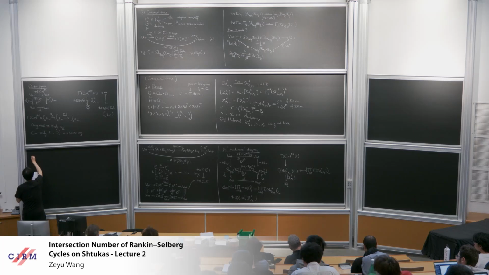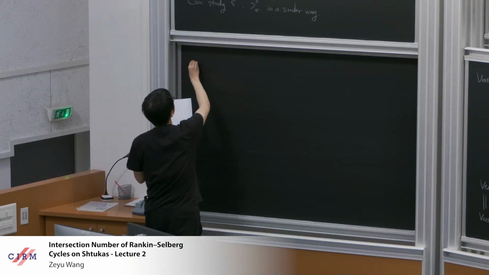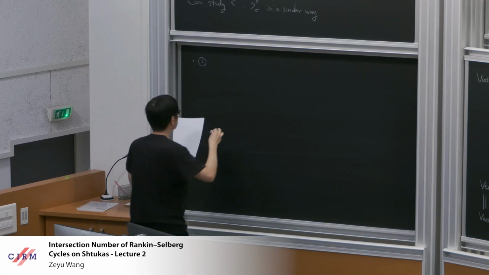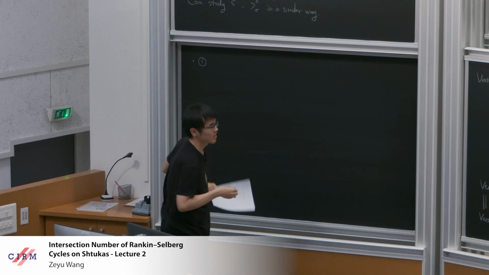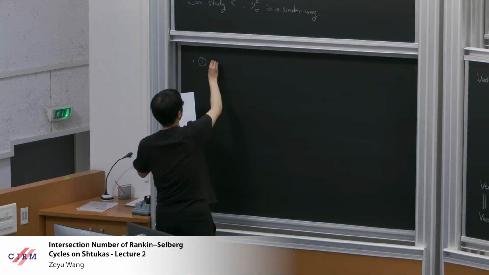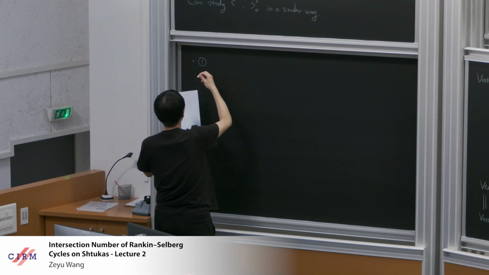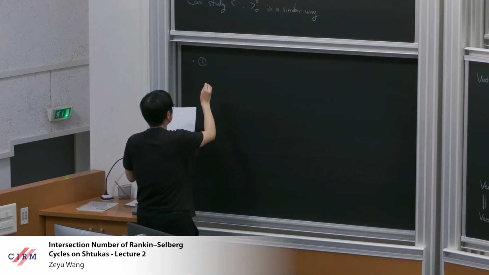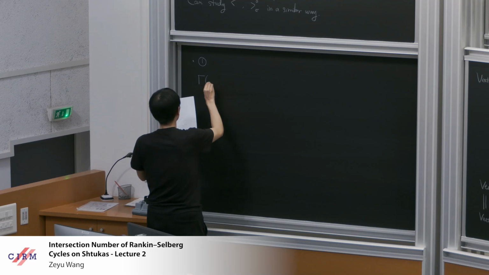Okay, so now let me first explain what one is. One is easy, and I think you can already see such a natural transformation from the definition. It just uses the Hecke eigenproperty and the Frobenius structure on the Hecke eigensheaf. So what's the data of one?